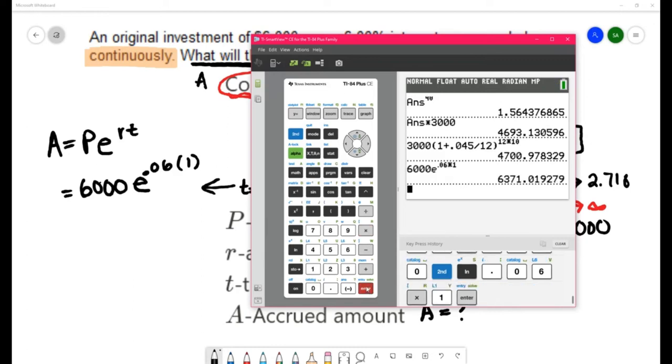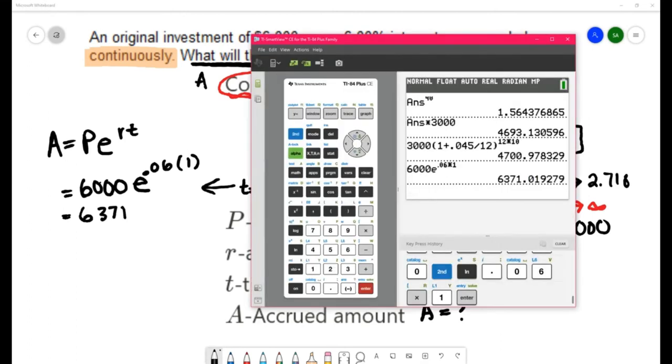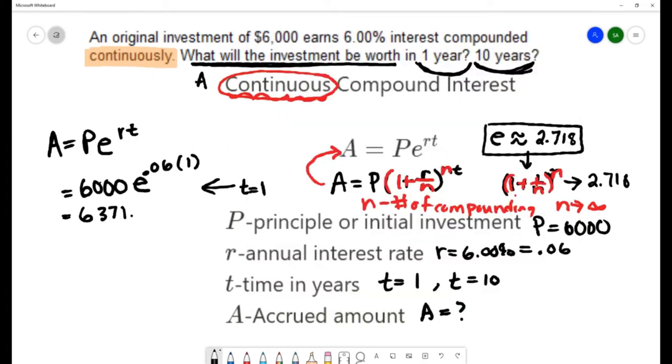So after 1 year, that $6,000 will grow to $6,371, and I should get the cents. If I round to the nearest cent, it would be 2 cents. So then we want to do the calculation again for 10 years.